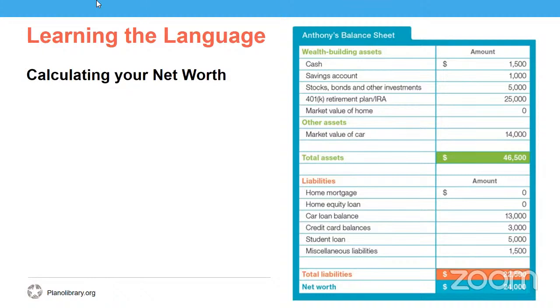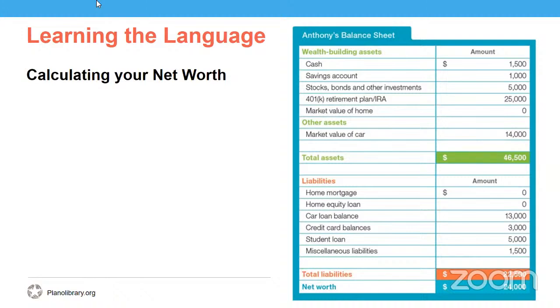So after Anthony lists his debts or his liabilities, you can see that he still owes money on his car. He carries a credit card balance, and he's still paying off his student loans. And he has some small miscellaneous debts. So in total, he owes $22,500.